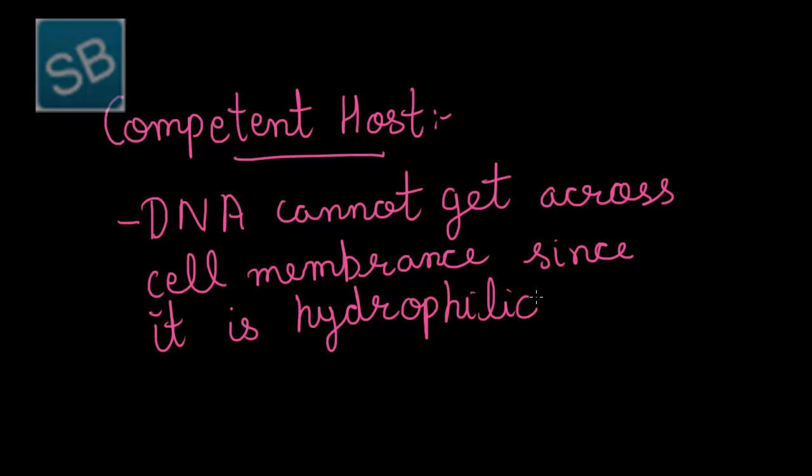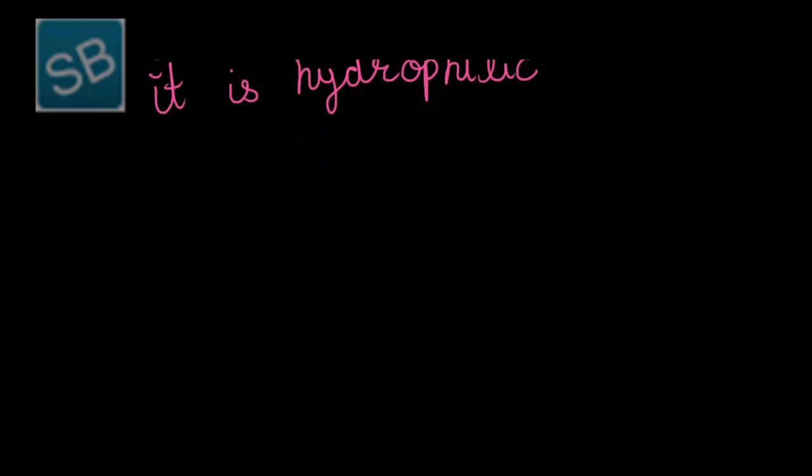And therefore, in order to force the bacteria to take up such recombinant DNA, the bacterial cells must be made competent to take up the DNA. And so, in order to make cells competent, various methods have been employed.